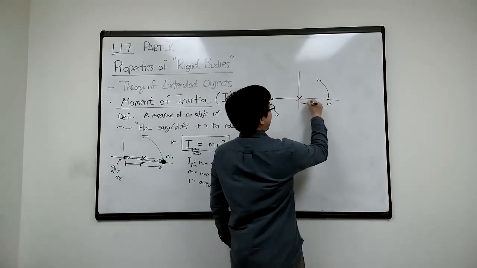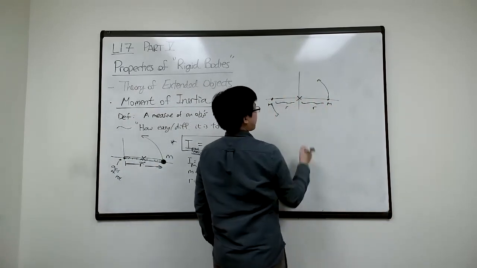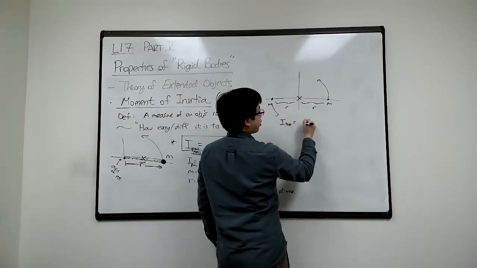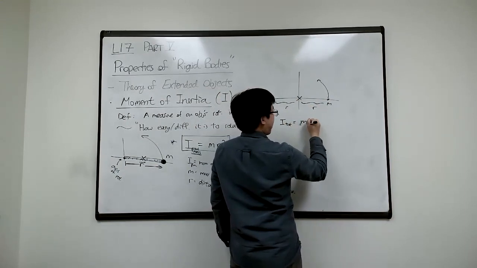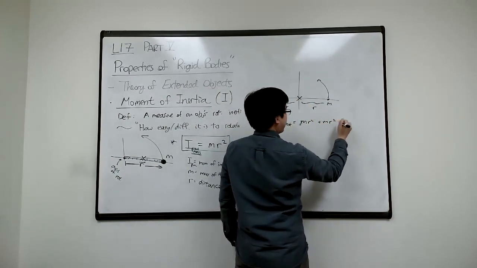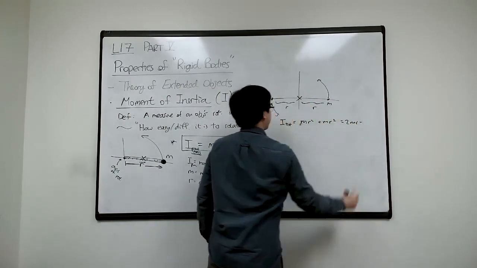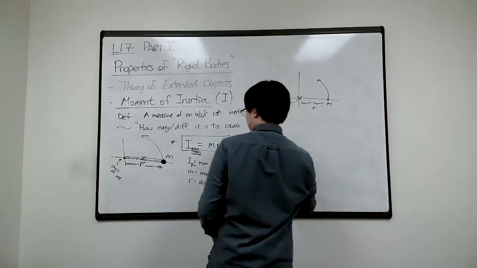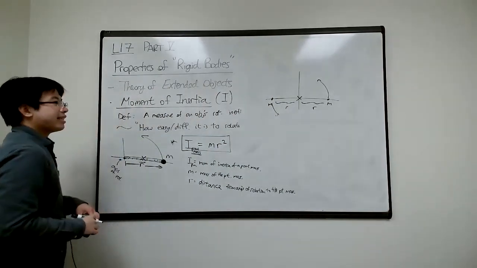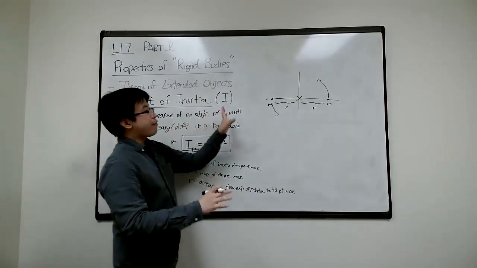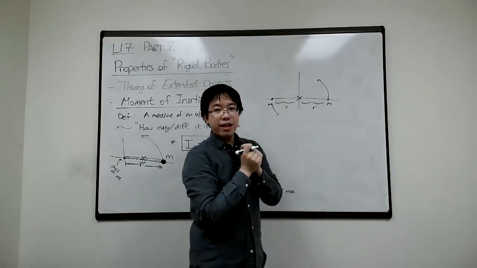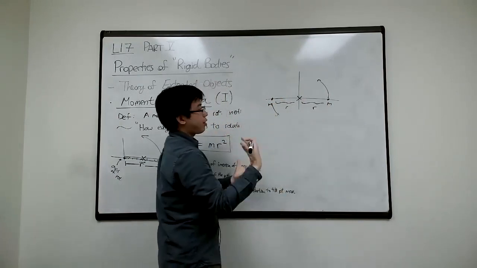Well, it's easy. Just find the distance of this guy, distance of this guy. If they're the same distance, same mass, then the total moment of inertia in this case is just mr squared plus mr squared, 2mr squared, like that. Okay. Now clearly the configuration, how the masses are distributed, is going to affect the amount of rotation.